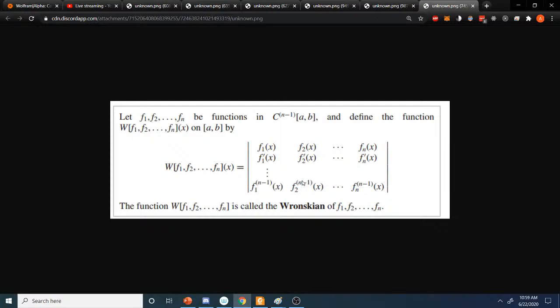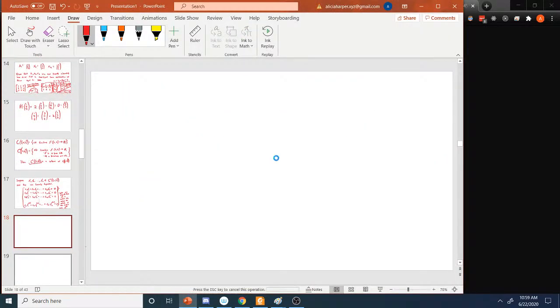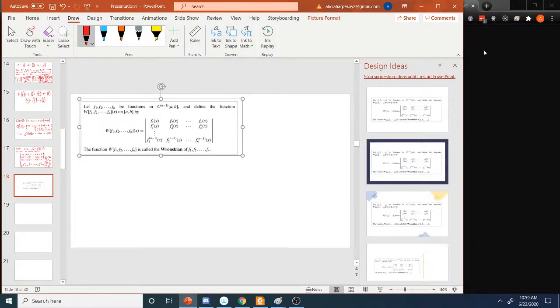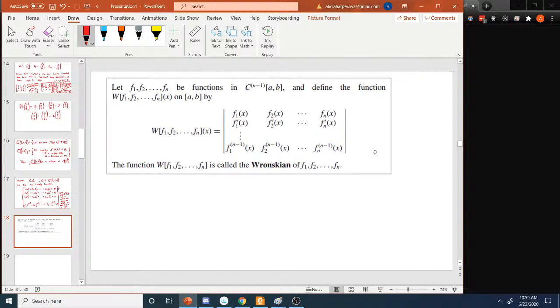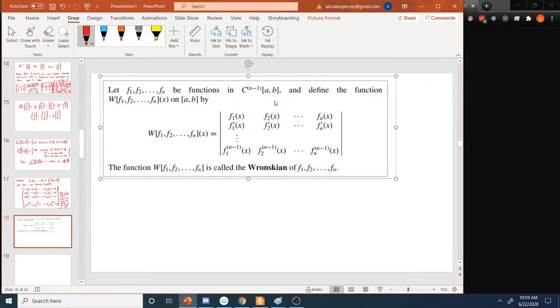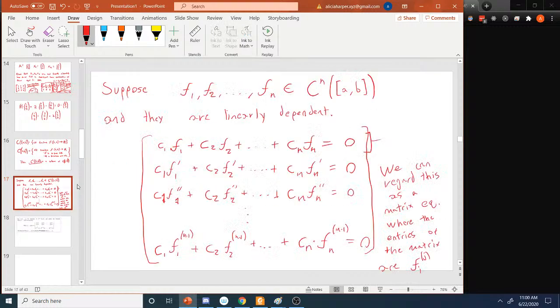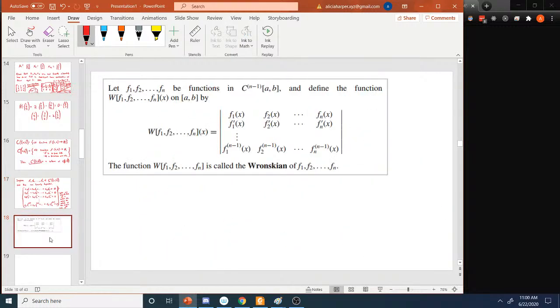And this is the Wronskian. In fact, I only need my functions to have n minus 1 derivatives. But it doesn't matter whether I take n here or n minus 1. This is just a slightly weaker condition, which makes it useful.